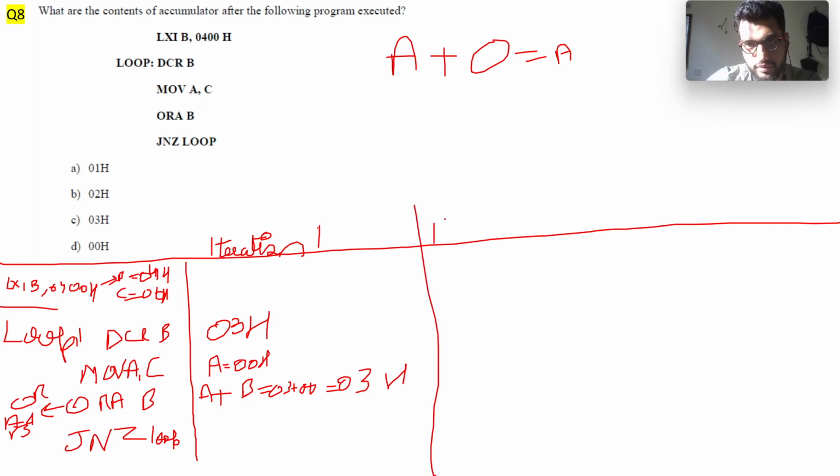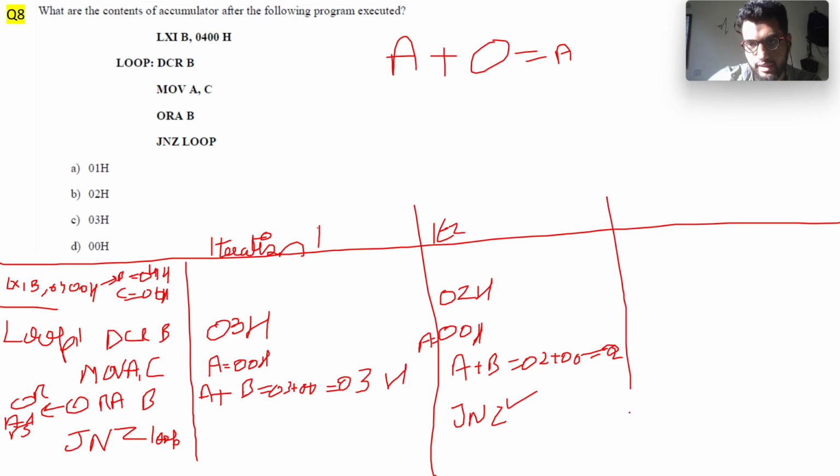Now iteration 2. 03 hex gets decremented by 1, so it will be 02 hex. The contents of C are again moved to A, so A will be 00. Then A OR with B: 02 OR with 00 is 02. The jump on non-zero is met, and we are in iteration 3.